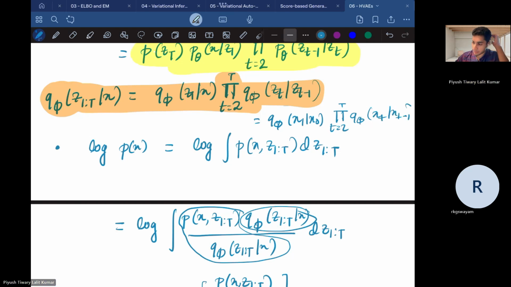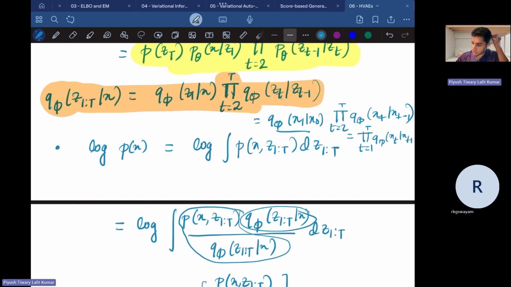That is all. So I can club these two, and the product will go from t equal to 1 to capital T. This will become q phi of xt given xt minus 1.